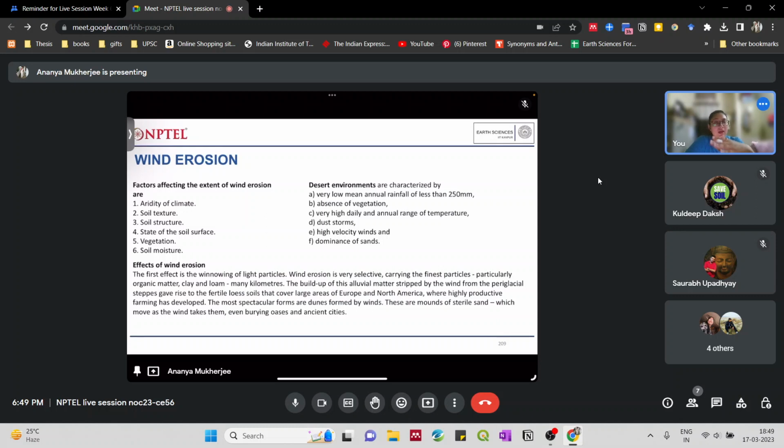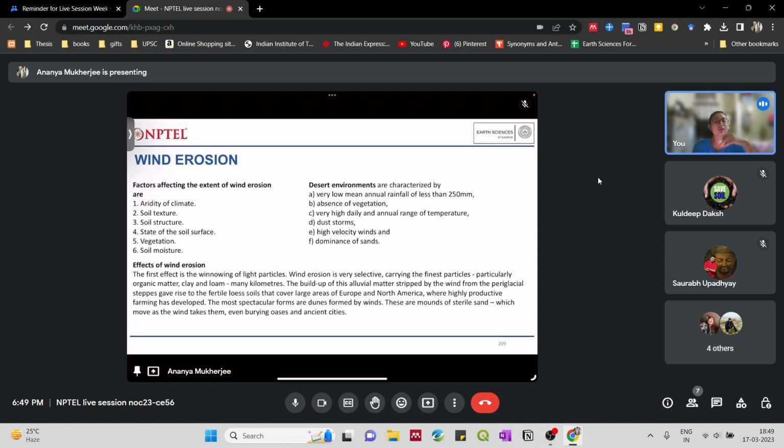Okay, and then the other landform which is created by the deposition of sands is sand dunes. We have obviously seen a lot of movies and videos where you see big ridge like features, mound like features, those are called sand dunes.